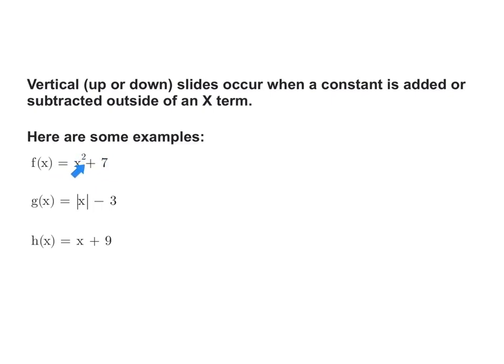The squaring happens first, and then there's a plus 7. The absolute value happens by itself, and then there's the minus 3. The x, there's nothing happening. It's not in parentheses. It's not forcing it to be added with the x first. The way I kind of describe this is that they are all happening outside of the variable. They're separate.